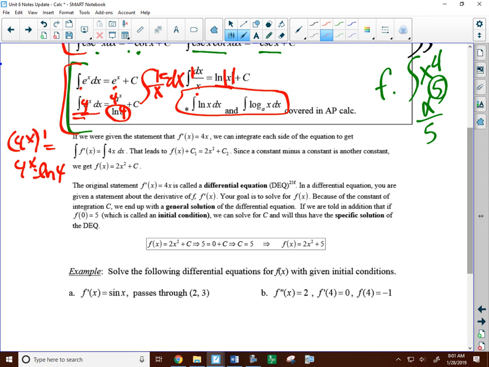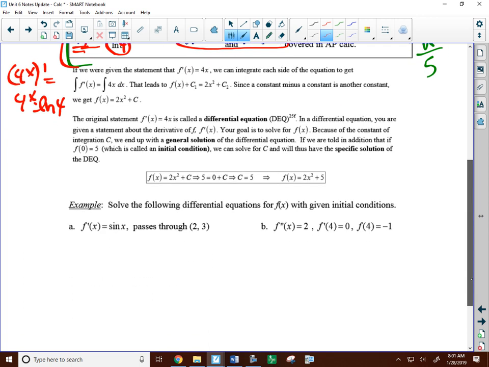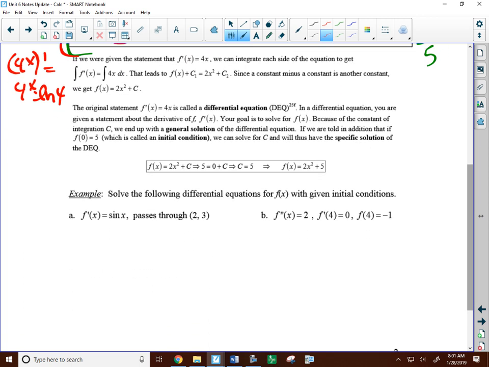Okay, last thing we're going to do is called initial value problems. Say I said, here's the derivative, 4x, and the antiderivative of 4x would be 2x squared, but there would be a constant, plus some constant.